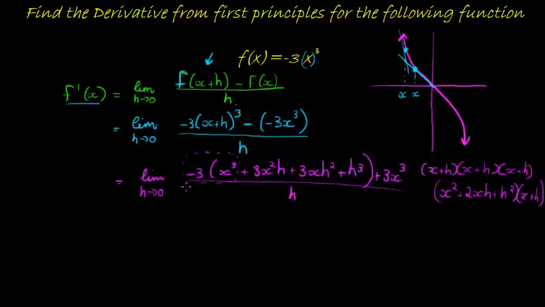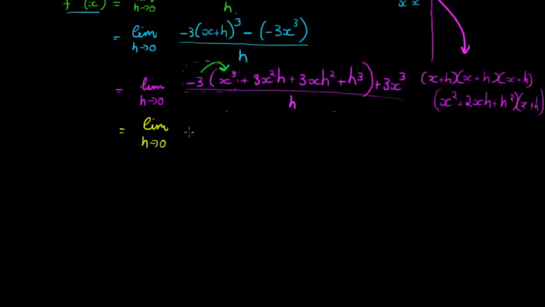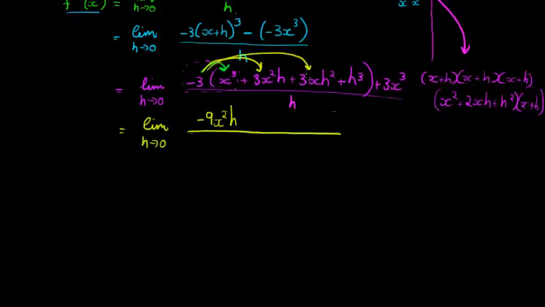So now we see the -3 gets multiplied in, so I get -3 times x cubed plus 3x cubed, and that just cancels. So I'm left in my next step with, if I multiply in the -3 with the rest of the terms, negative 3 times 3x squared h gives me negative 9x squared h. Negative 3 times 3xh squared gives me negative 9xh squared.